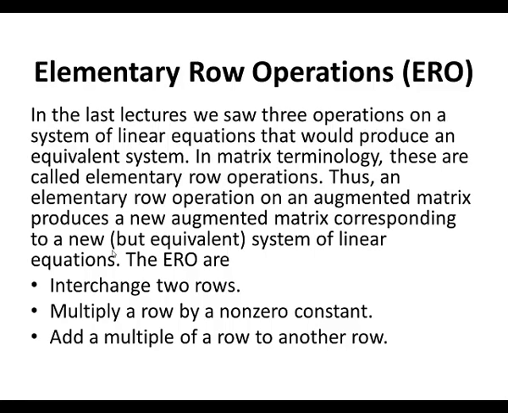And the elementary row operations are: number 1, interchange two rows, i.e. if you interchange two rows, the system remains the same. If you multiply a row by a non-zero constant, the new augmented matrix is equivalent to the former augmented matrix. 3, if you add a multiple of a row to another row, the new augmented matrix is also equivalent to the former augmented matrix.